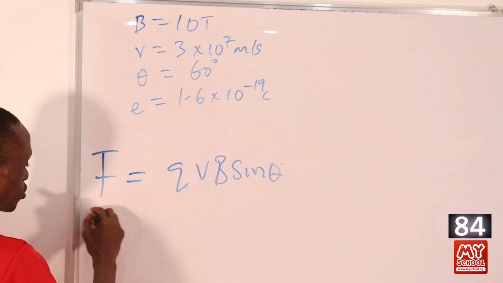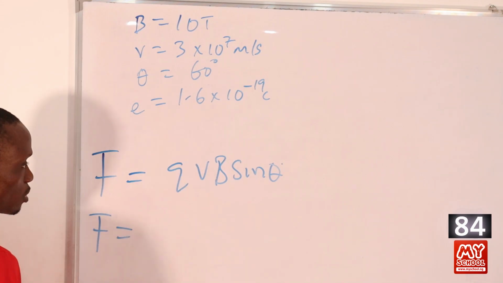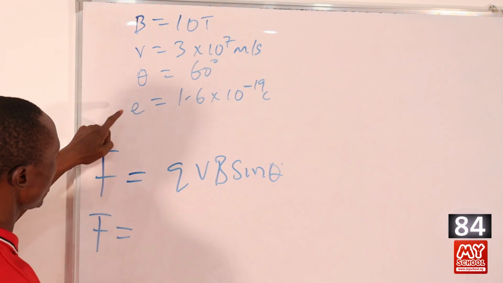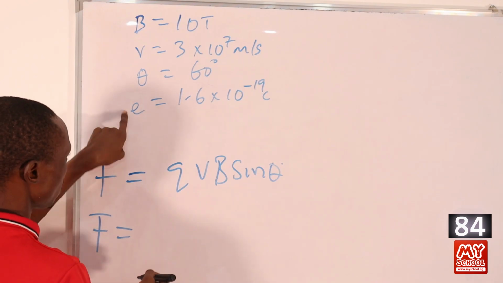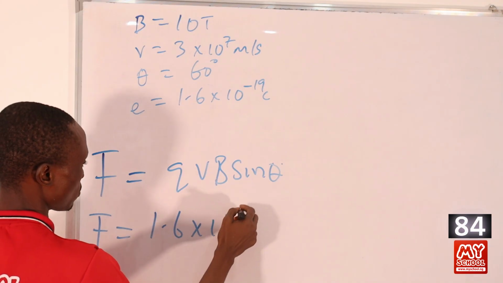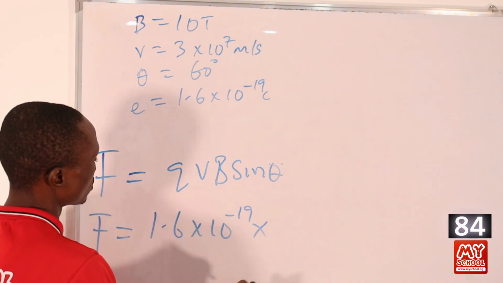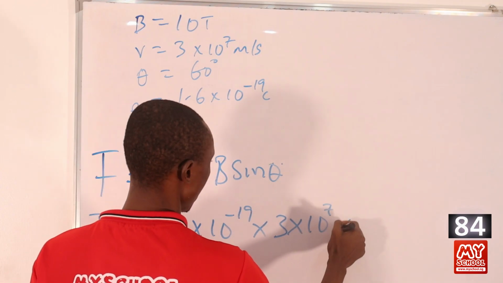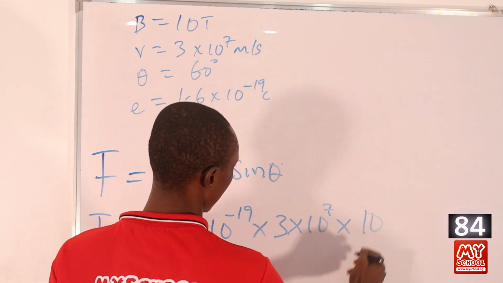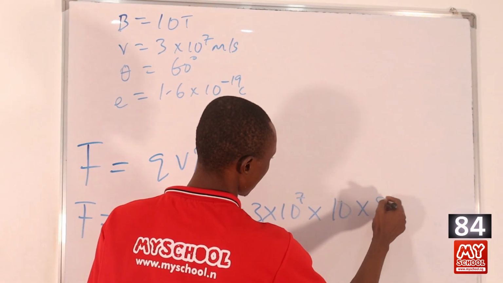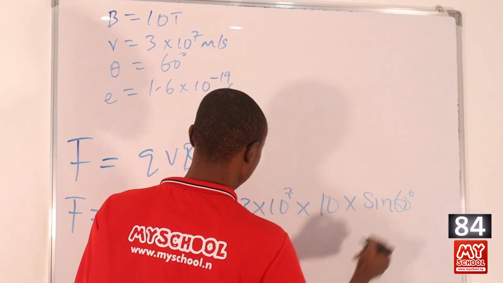So we just substitute to get the magnitude of the magnetic force acting on the electron. So q is equal to 1.6 times 10 raised to power minus 19, then times 3 times 10 raised to power 7, then times 10 for magnetic flux density, then times sine 60 degrees.